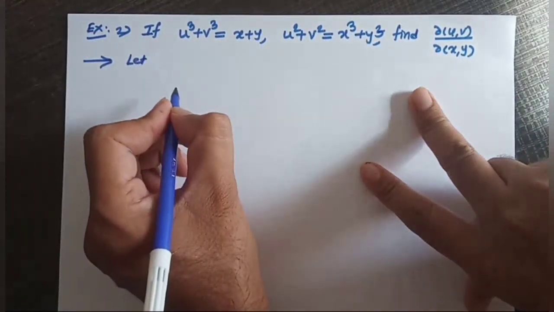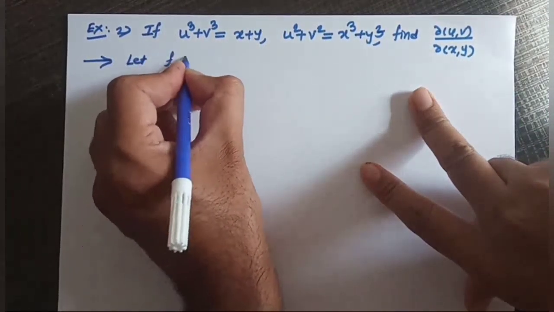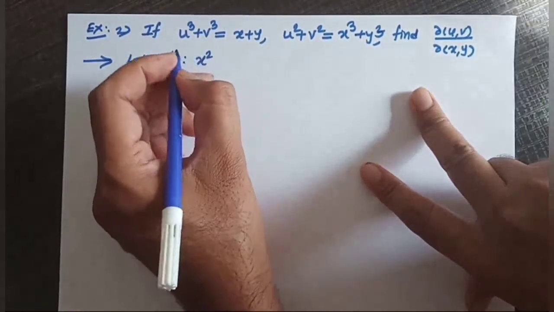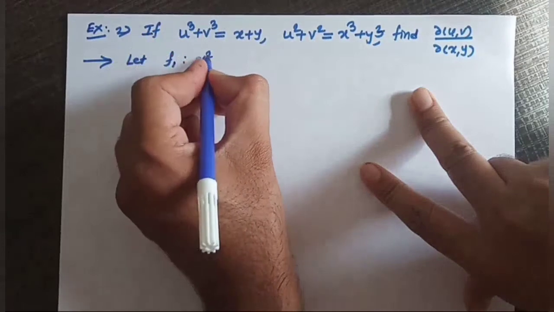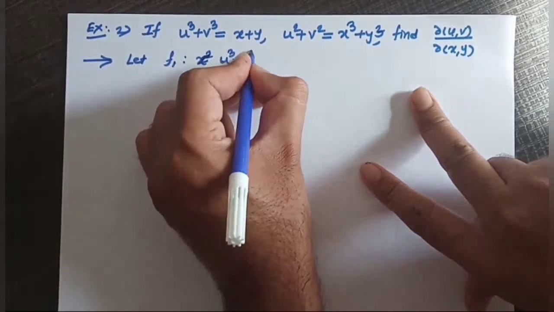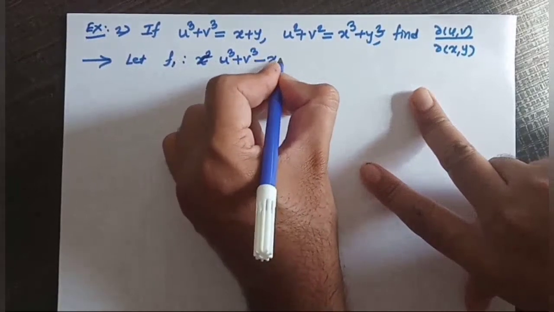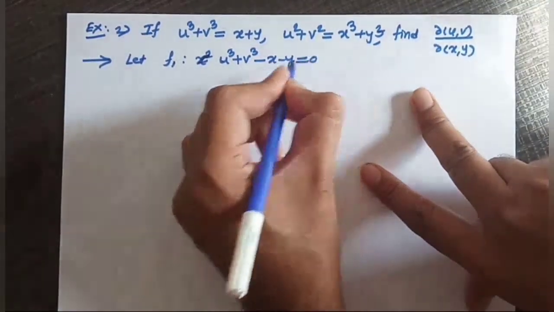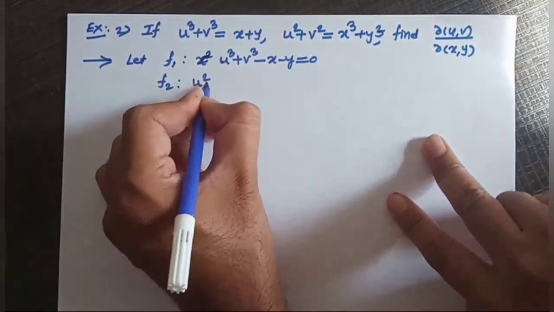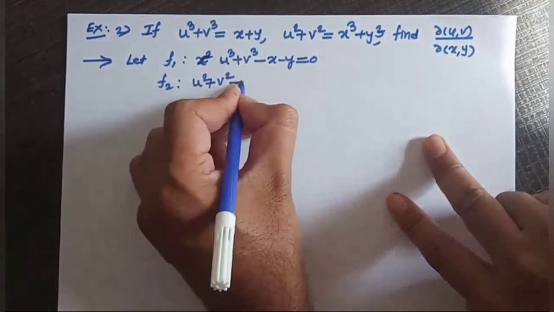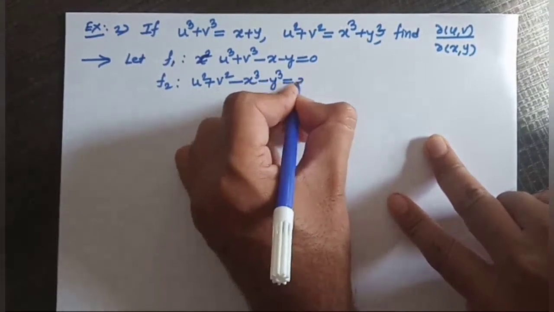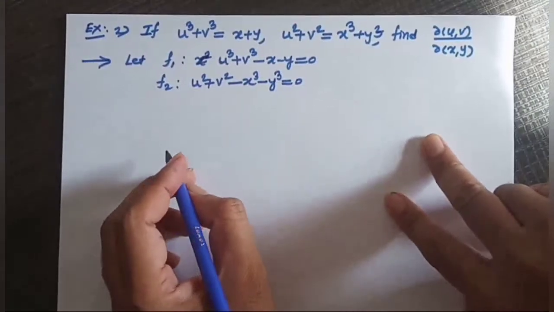So let us suppose f1 is equal to u cube plus v cube minus x minus y equal to 0, and the second function is f2 equal to u square plus v square minus x cube minus y cube equal to 0.